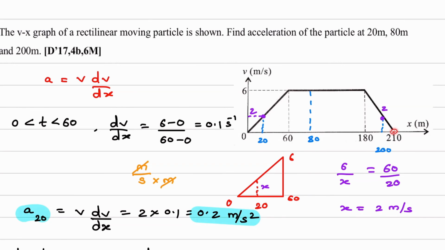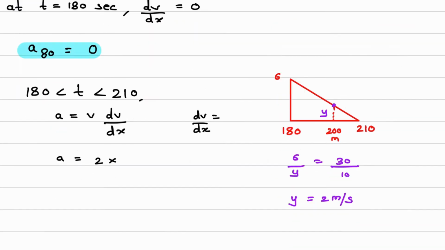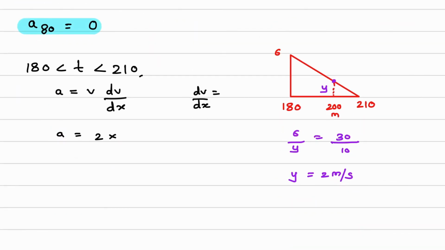It will be 0 minus 6 in numerator. And what will be the denominator? It will be 210 minus 180. So dv by dx is equal to 0 minus 6 divided by 210 minus 180.